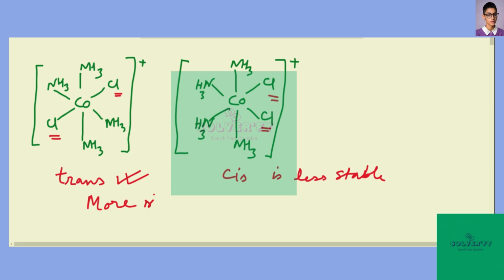And this is more stable. So by this we can say that in the product the ratio or proportion of trans isomer will be more as compared to cis, but how much more it will be, it will again depend upon the reaction conditions.